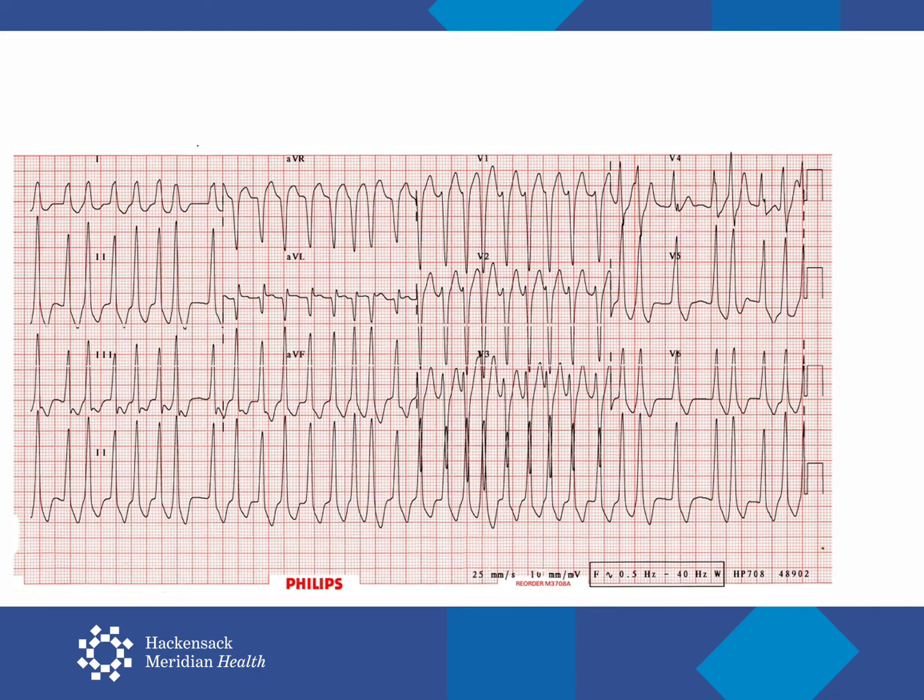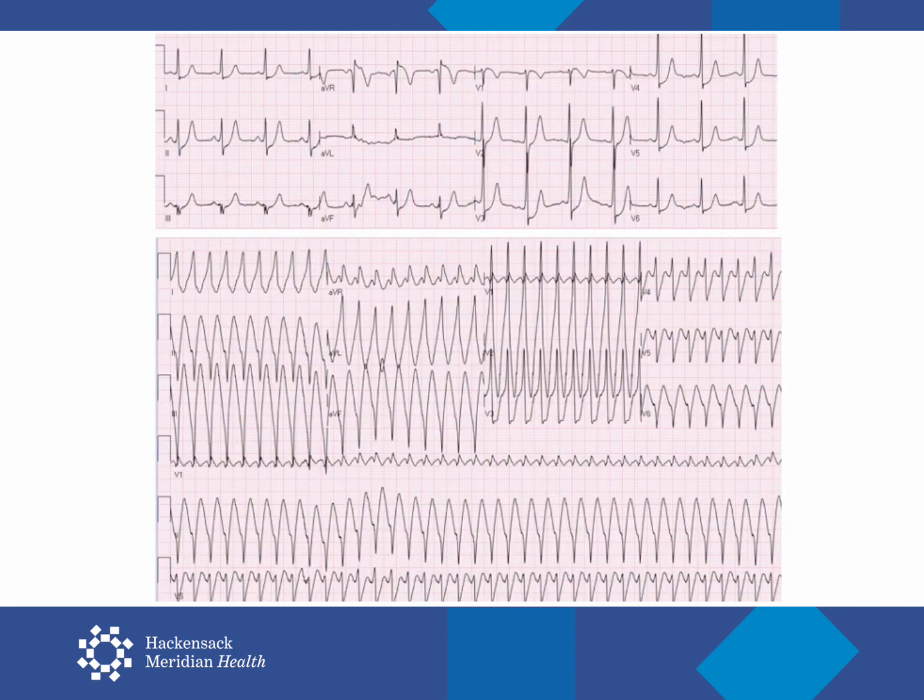This is another example of atrial fibrillation being conducted in a wide complex manner through the accessory pathway. And here you see on the top the typical WPW with basically a short PR interval and a slurred upstroke to the QRS, with the arrhythmia seen below, which is a wide complex tachycardia.